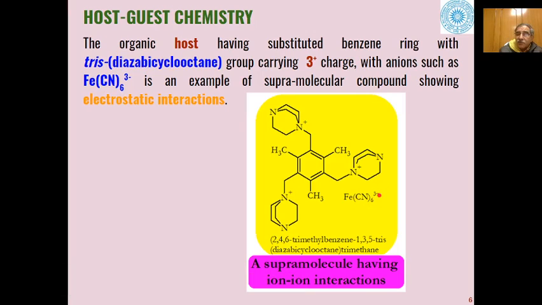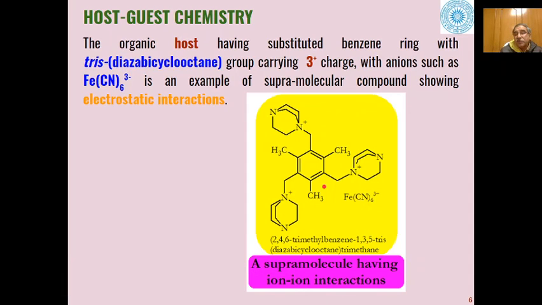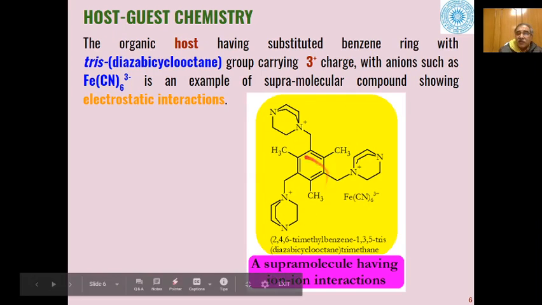So this will neutralize the 3 positive charge on this, and a supramolecule will be formed because of the electrostatic interactions between the positively charged nitrogens and negatively charged anions. So these types of ion-ion interactions between these two ions, they form a host guest complex where this will act as a host and this will act as a guest.